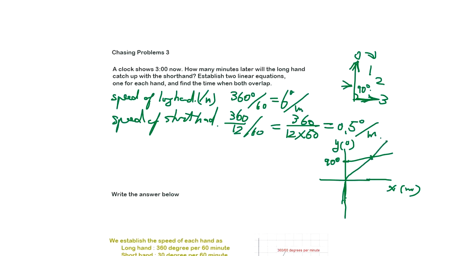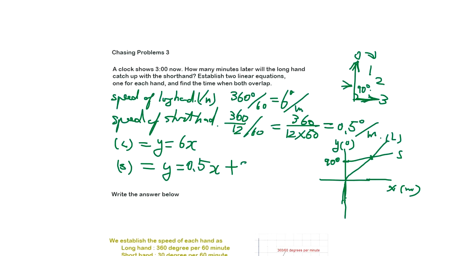So this equation: the long hand is going to be y equals 6x, right? The short hand is y equals 0.5x, and the handicap y-intercept is 90.